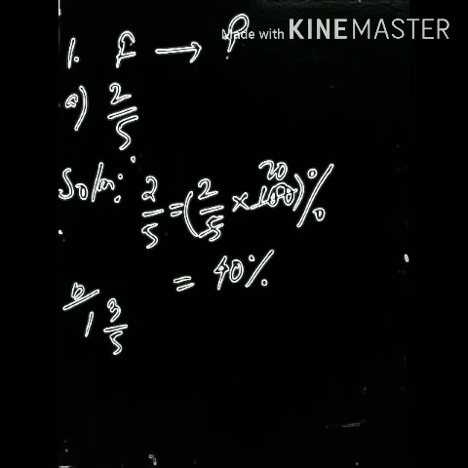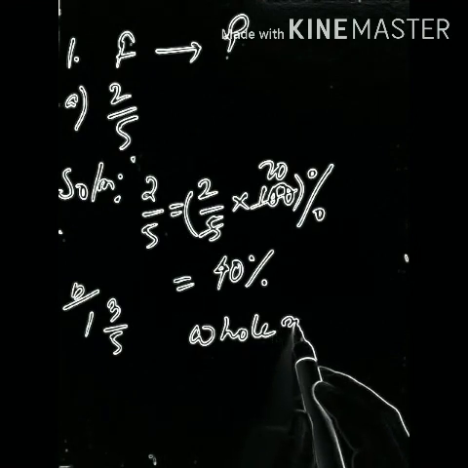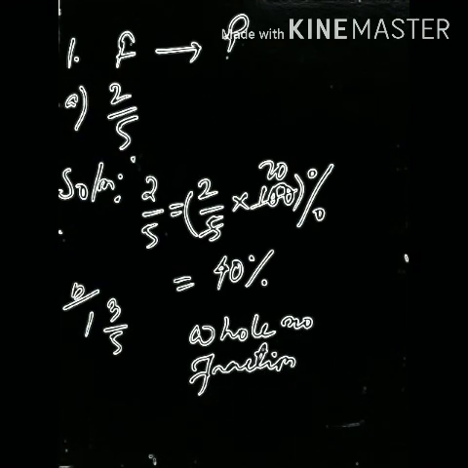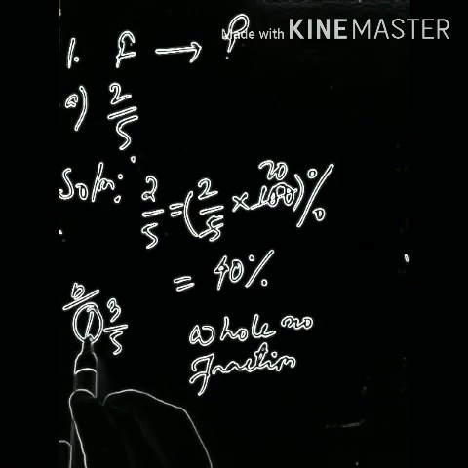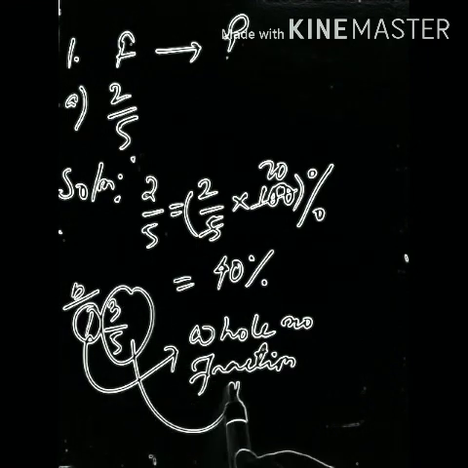Because this is a mixed number, the combination of a whole number and a fraction. Here this 1 is the whole number and 3 by 5 is the fraction. These kinds of numbers are what we call mixed fractions.